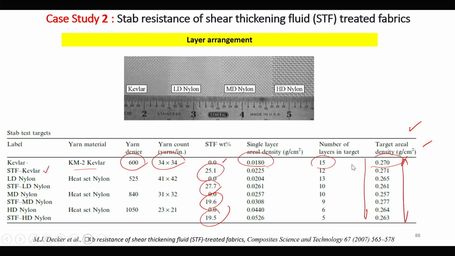And these are the arrangements, number of layers. So, for high density nylon it is 5 layers. So, there are different types of targeted layers.